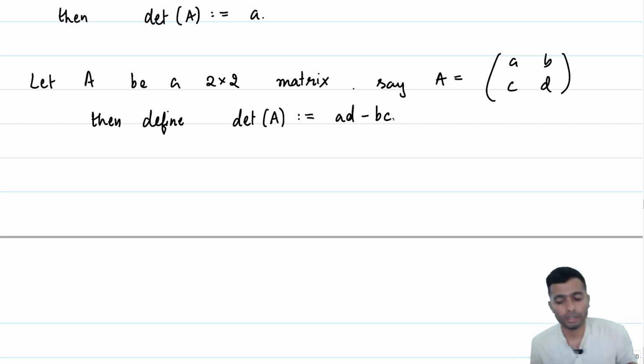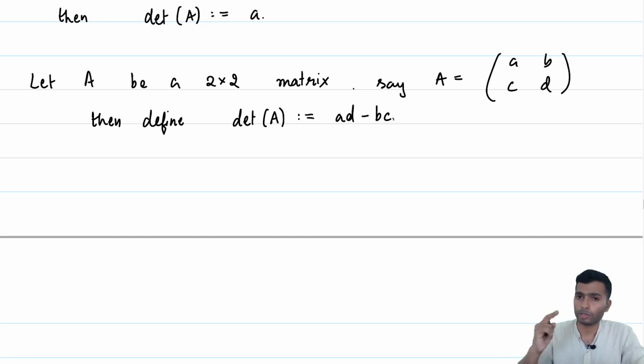So, we will be giving the definition of determinant in a recursive manner. So, for an n cross n matrix, the determinant will be using the knowledge of what the determinant is of an n minus 1 cross n minus 1 matrix. So, in order to do that, we should first develop the notion of what is called a minor.